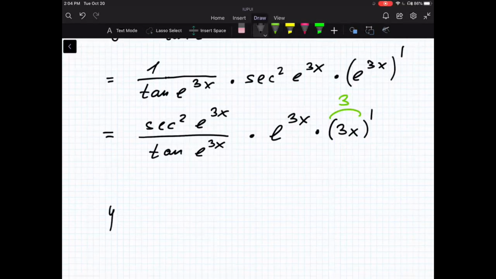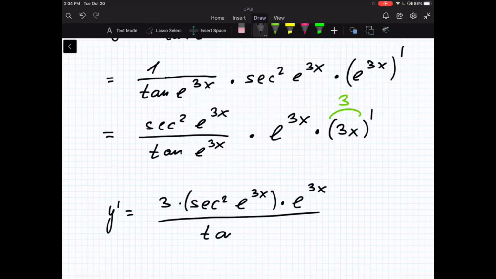And so I get that y prime is equal to 3 times secant squared of exponential of 3x times exponential of 3x divided by tangent of that exponential. Of course, you can simplify it further using the definition of secant and tangent, but this is fine.